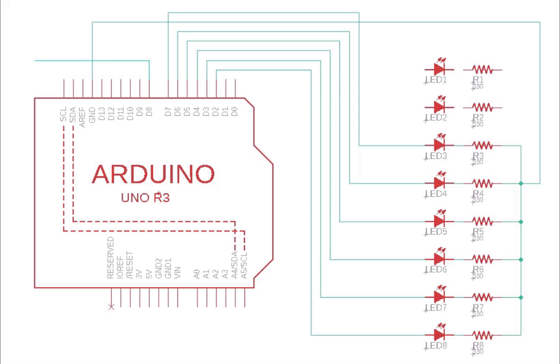And running out of room, so go around the back side, connect to here, connect to there, junction there.